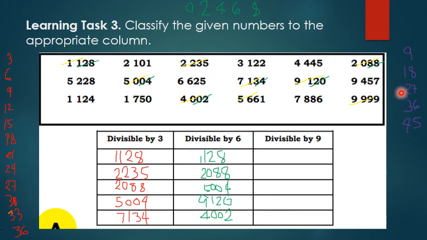So, wala po siya dito. 3 plus 1 is 4, plus 2 is 6, plus 2 is 8. So, wala din po. 4 plus 4 is 8, plus 4 is 12, plus 5 is 17. So, wala po. 2 plus 0 is 2, plus 8 is 10, plus 8 is 18. So, ito siya. Ibig sabihin, ang ating 2,088 ay divisible din sa 9.